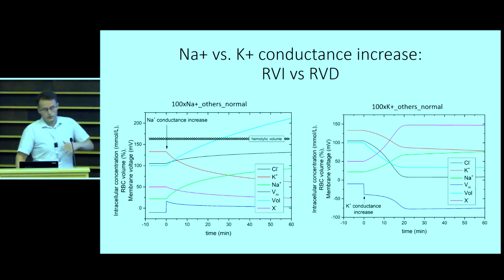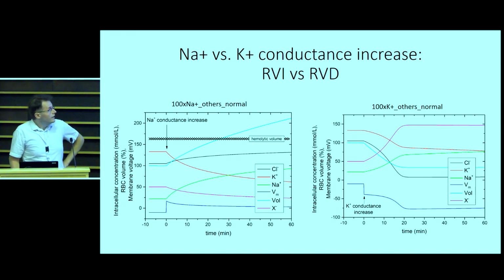These cells in general are not in chemical equilibrium. So as soon as ion channels open, sodium will flow into the cells or potassium will flow out of the cell. So on the left side, when sodium conductance is increased, you get a sodium influx coupled to chloride ion influx into the red blood cells and eventually volume increase, which eventually exceeds the hemolytic volume.